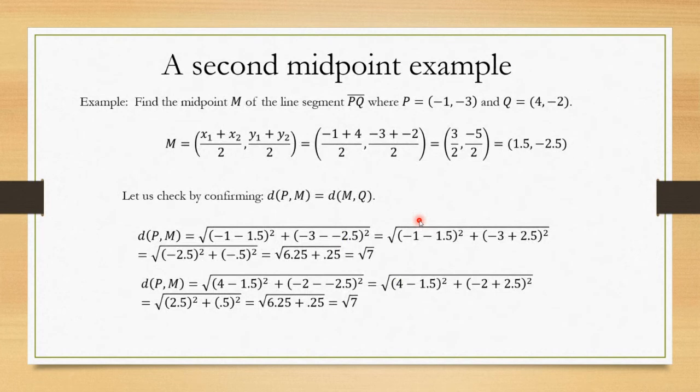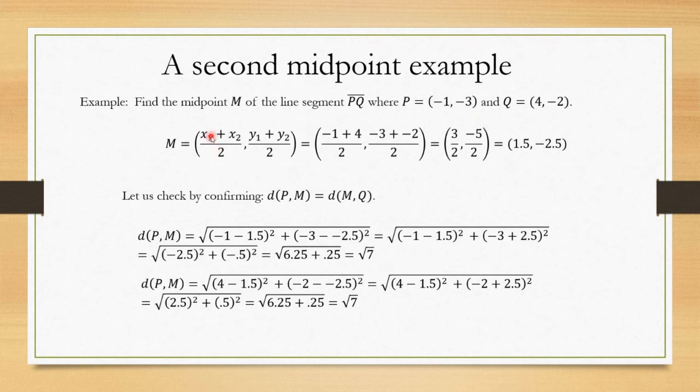So here's another example. In this case, we have P is this point, -1, -3. We have Q is 4, -2. So we have these 2 points, they're given, and we want to find the midpoint M. Well, again, we have this formula, right?